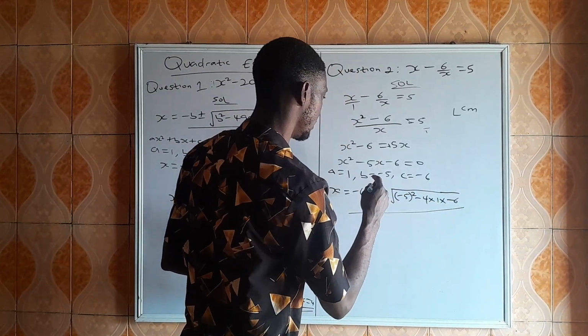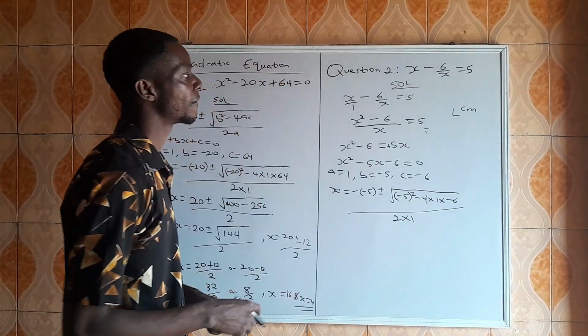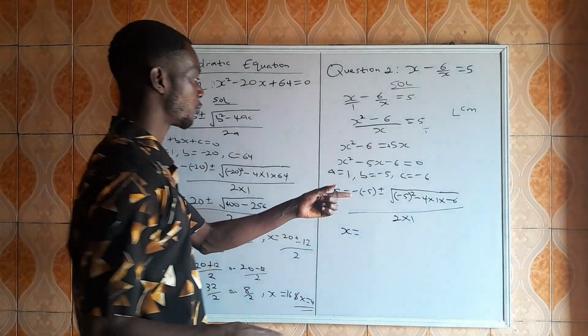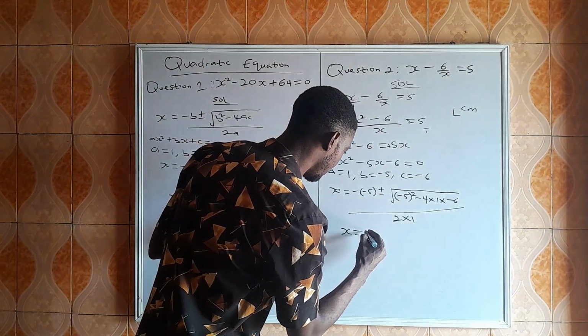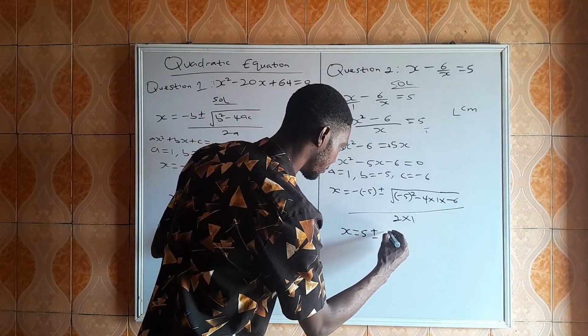All divided by 2 multiplied by a, so your a is 1. So from here you have s to be plus 5, that is minus multiplied by minus, so you have plus 5, plus or minus.